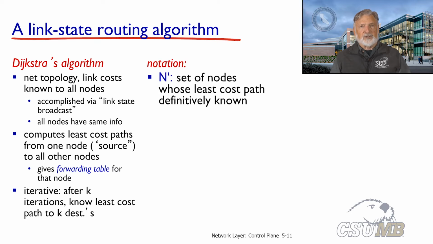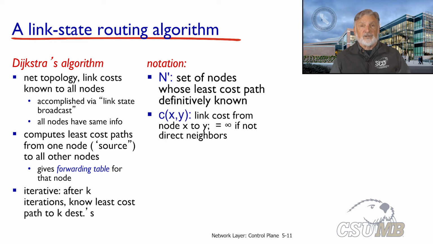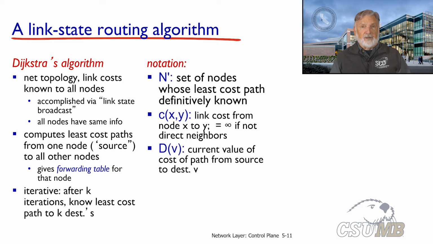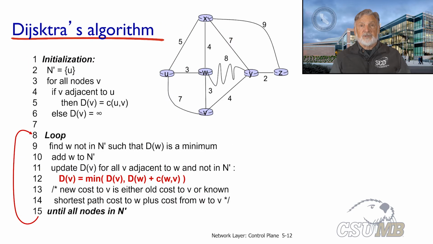As discussed previously, for the link cost from node X to node Y, we'll use the notation C of X, Y. For the tentative lowest cost of the path from the source to the destination node V, we'll use the notation D of V. For the predecessor node, we use the notation P of V. Node X is said to be the predecessor of node Y if a link leads from node X to node Y. On this slide, we have the pseudocode for the algorithm.